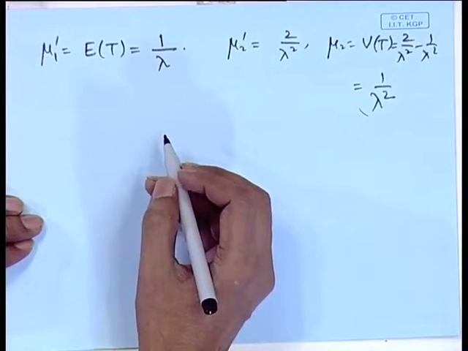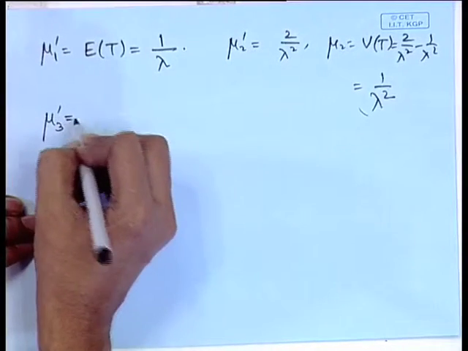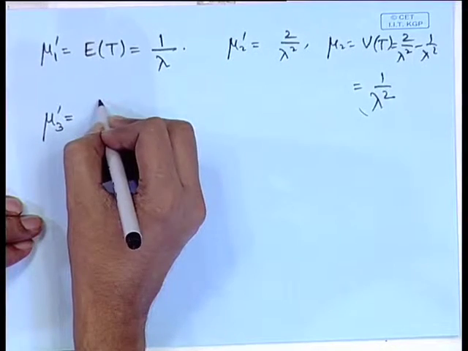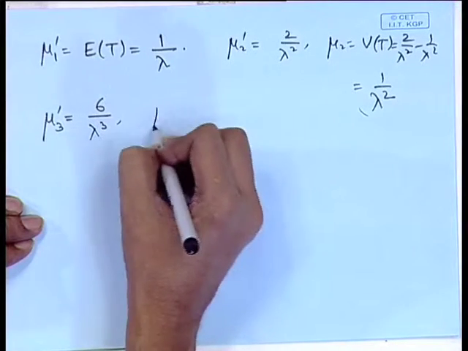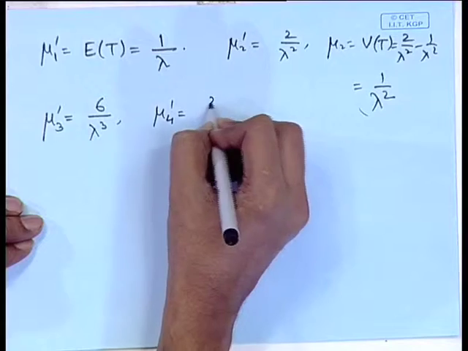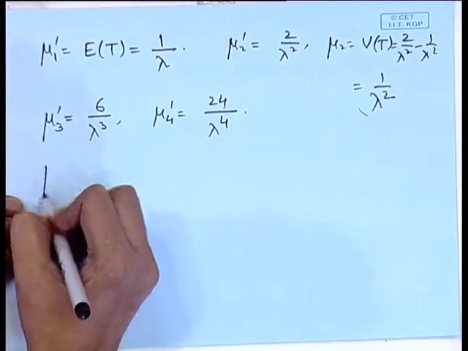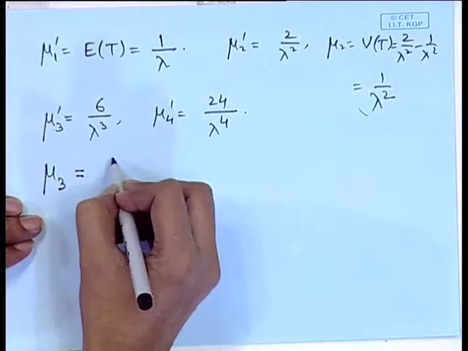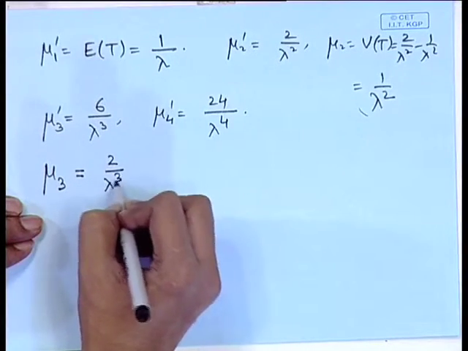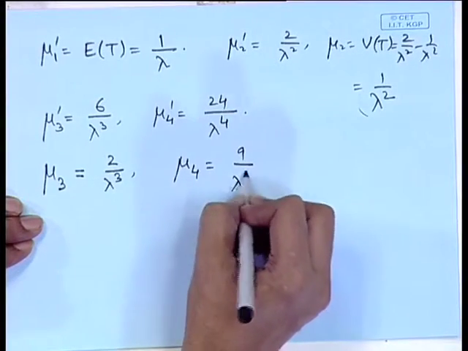We may calculate mu 3 prime, that is equal to 6 by lambda cube, mu 4 prime will become equal to 24 by lambda to the power 4. Using the relationship between the non central and central moments, mu 3 is equal to 2 by lambda cube and mu 4 is equal to 9 by lambda to the power 4.